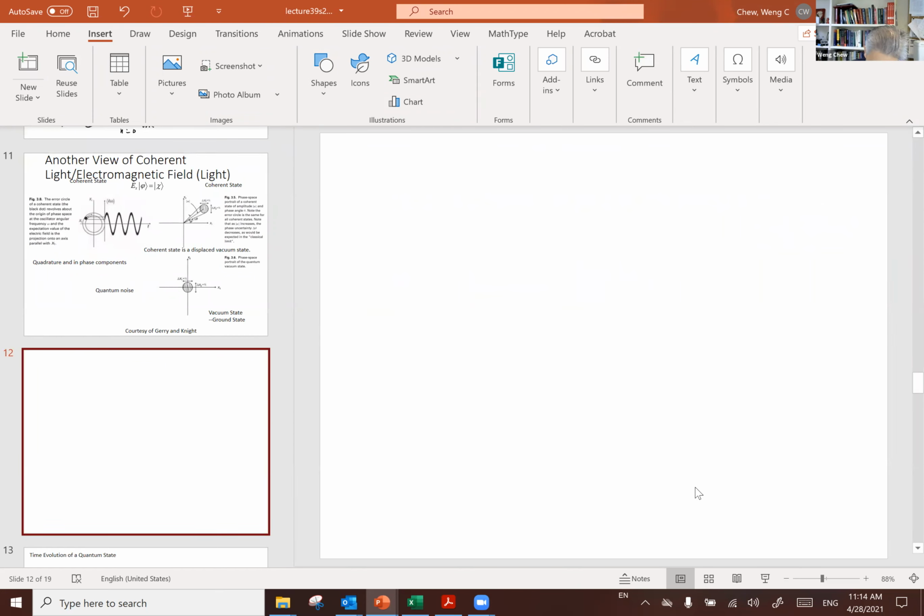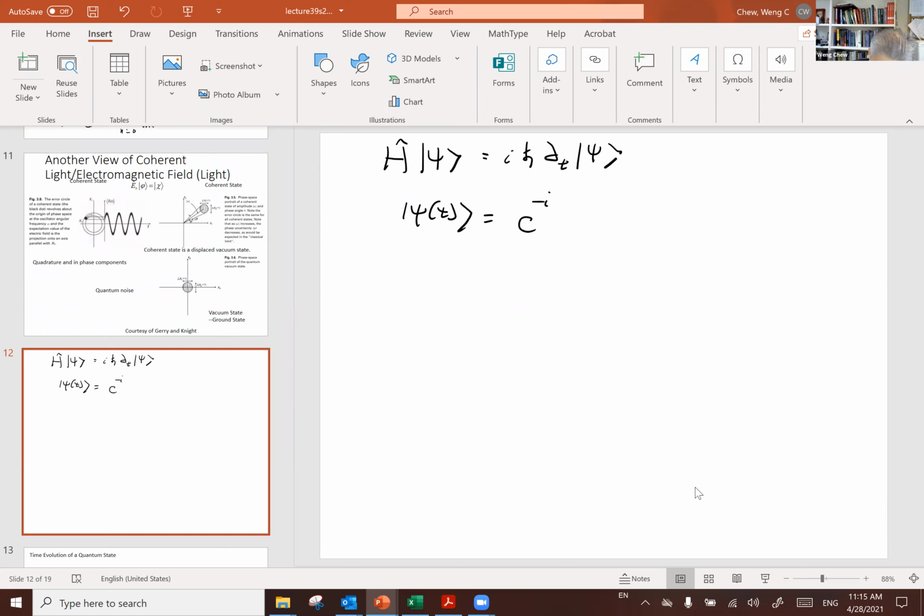The Schrodinger equation says that the Hamiltonian times a quantum state has to satisfy this equation. In other words, you can solve this equation in closed form, and psi of t is equal to e to the minus i H hat t over h bar, psi of 0. You can actually solve this equation quite easily if H is time independent.